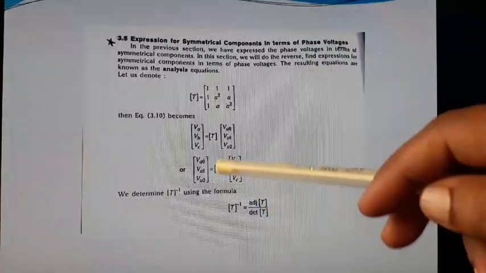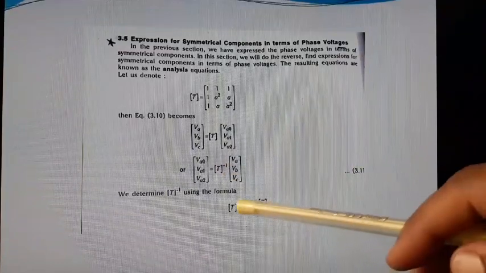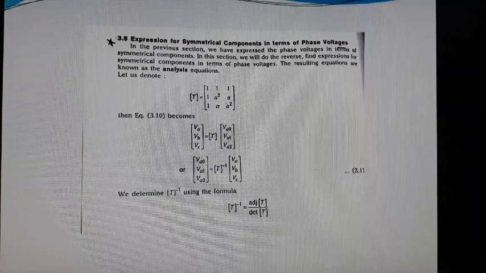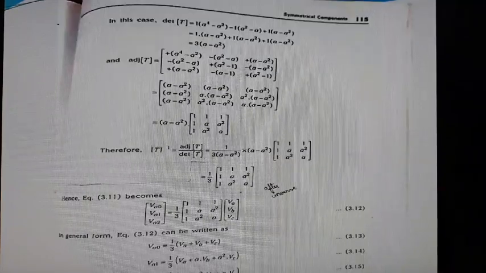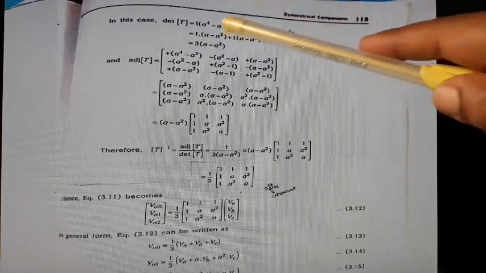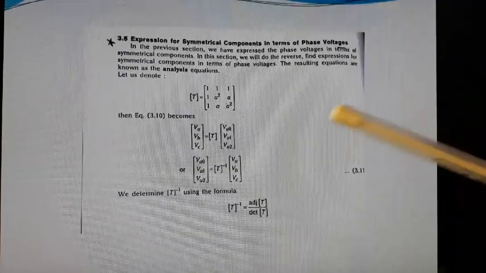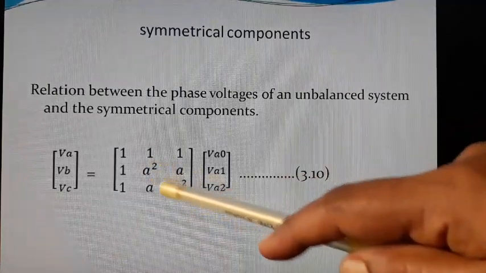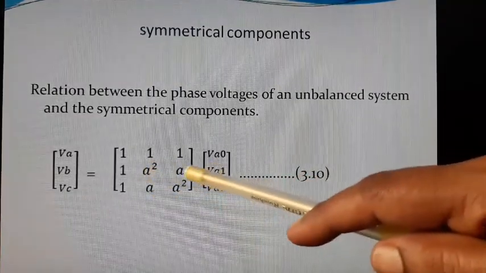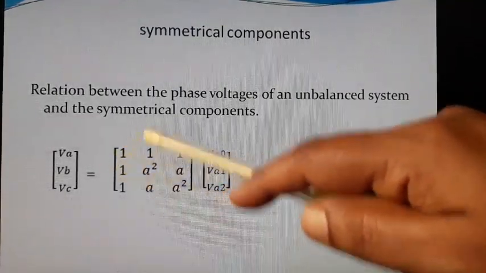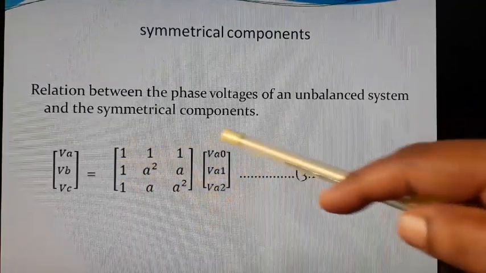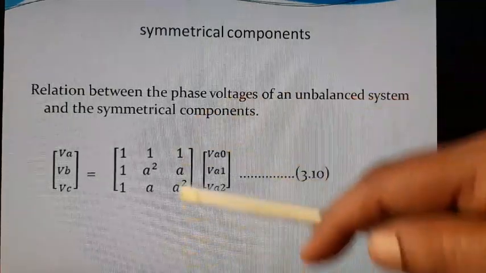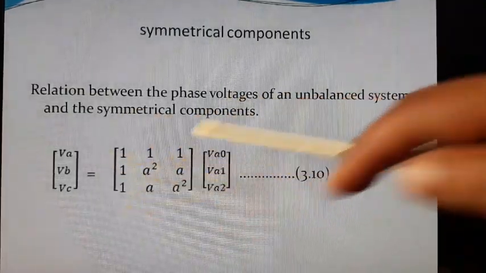Now we will take the inverse of the matrix T. As you know, the inverse is the adjoint divided by the determinant. So we take the determinant of the matrix. It is 1 into (a times a minus a square into a square, that is a power 4 minus a square), minus 1 into (leaving this column and this row, a square minus a), plus 1 into (a minus a square).